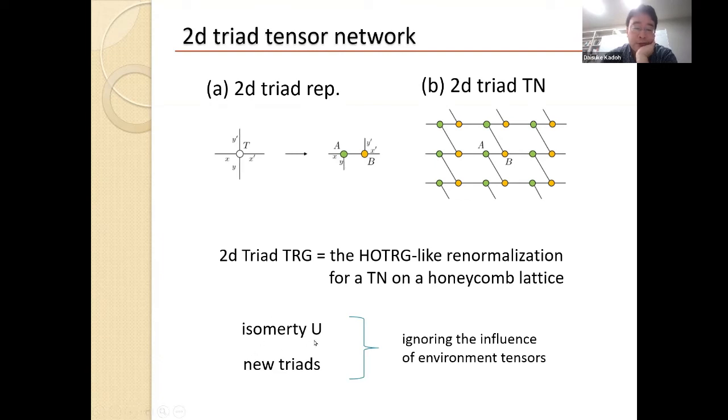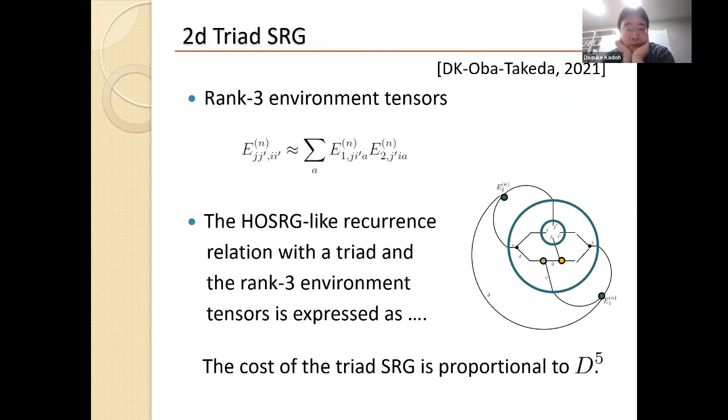the isometry U and the new triads are constructed by ignoring the influence of environmental tensors. So we prepare the environmental tensors using rank 3 tensors, and the HOSRG-like recurrence relation was given by the triad and rank 3 environmental tensors.